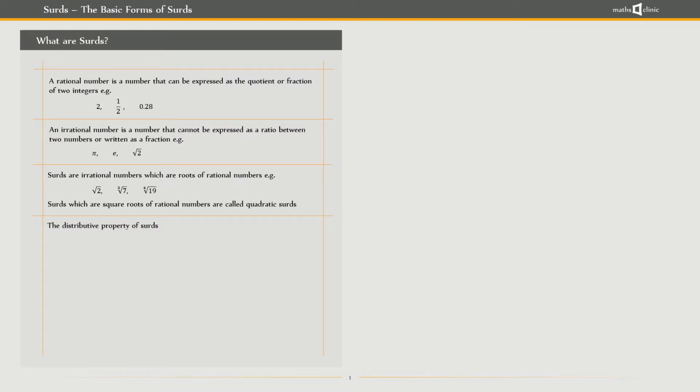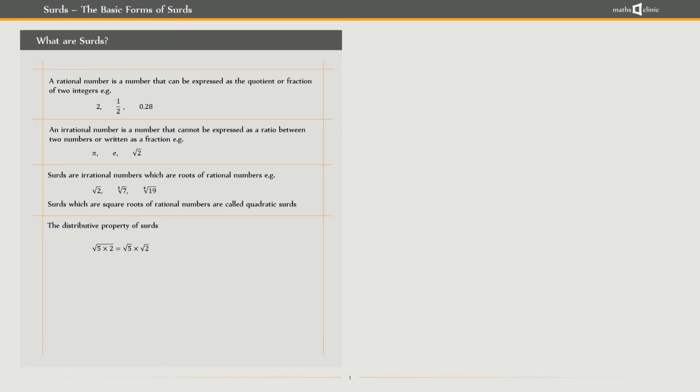We already talked about distributive properties when we were doing indices, where if you have 2 multiplied by 3 all to the power of x, it equals 2 to the power of x times 3 to the power of x. You can assign that x to 2 and assign that x to 3, and it's pretty much the same thing here.